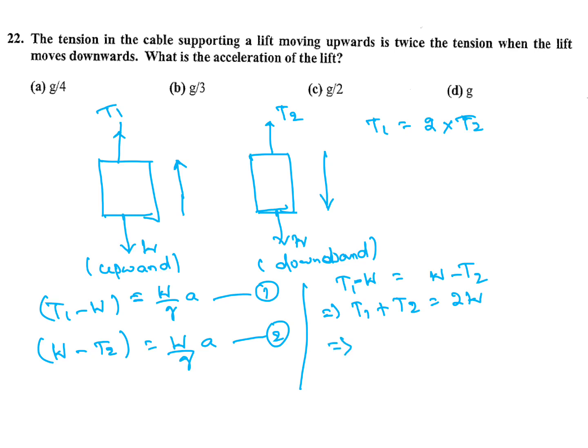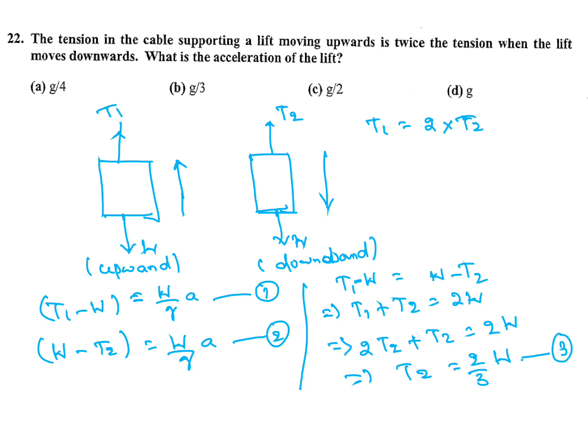From data, T1 is 2T2, so 2T2 plus T2 is 2W. So T2 is 2 by 3 W. Let it be equation 3.